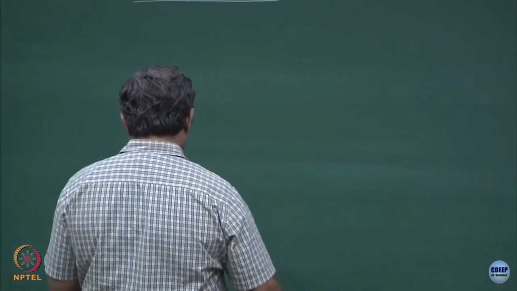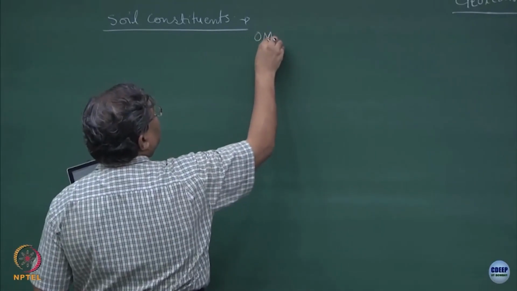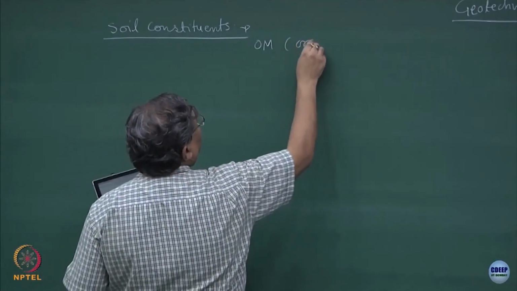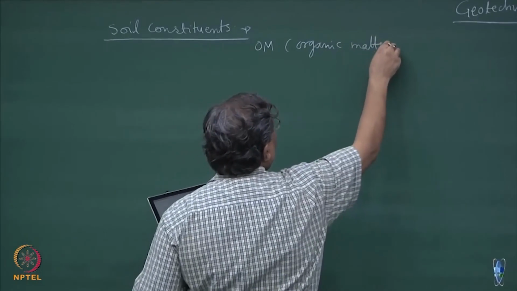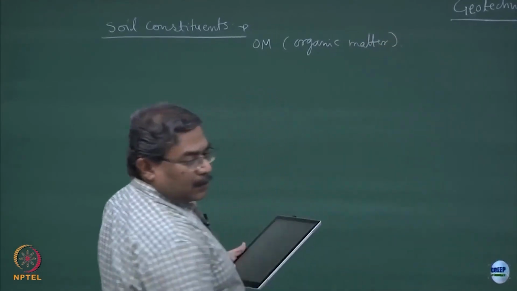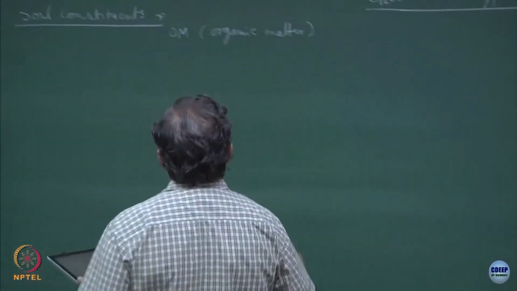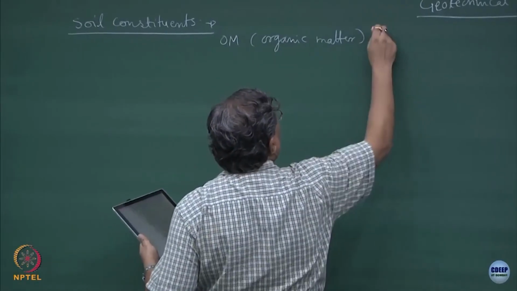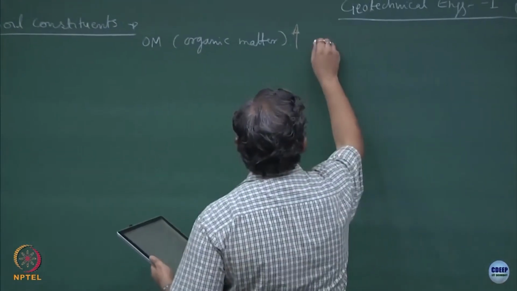One of the biggest issues with organic matter is that if it is present in substantial amounts, so as the OM increases, I normally use this sign, alright, as this content increases, this becomes more and more problematic for geotechnical engineers.